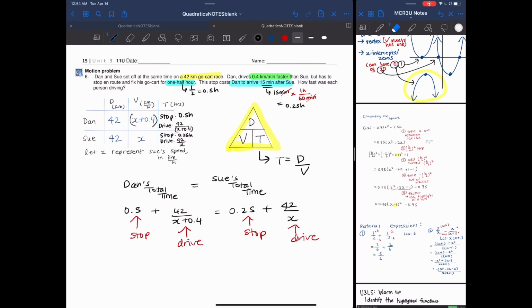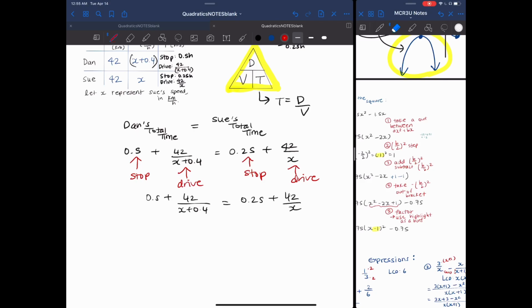We want to make sure that we're putting things to one side and the other so that we can simplify. So I have 0.5 plus 42 divided by x plus 0.4 equals 0.25 plus 42 over x.